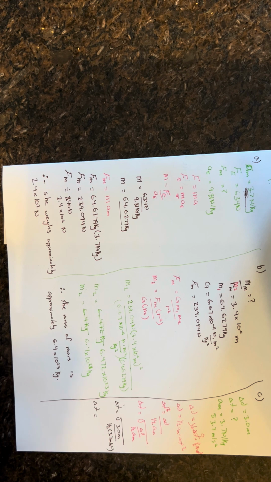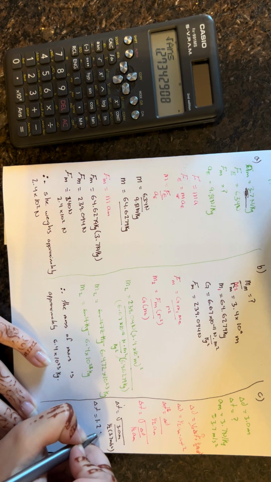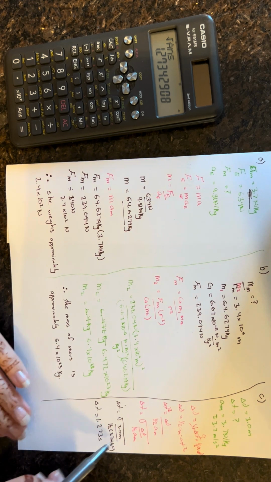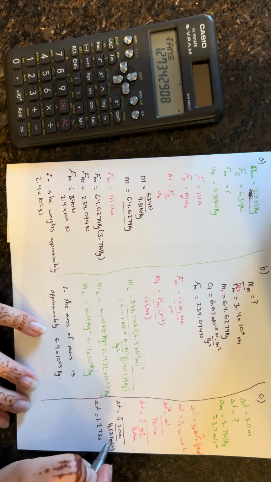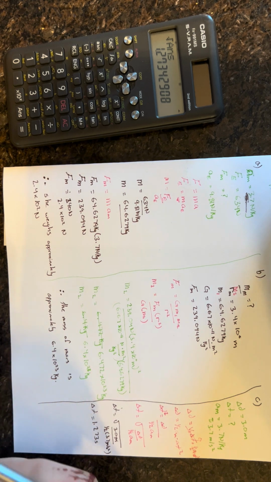Oh, I did that wrong. We're going to get the answer of 1.273 seconds. Remembering, if it helps with unit cancellation, these 2 meters are going to cancel out. And when you square root the second squared, we're just going to end up with a unit of seconds.